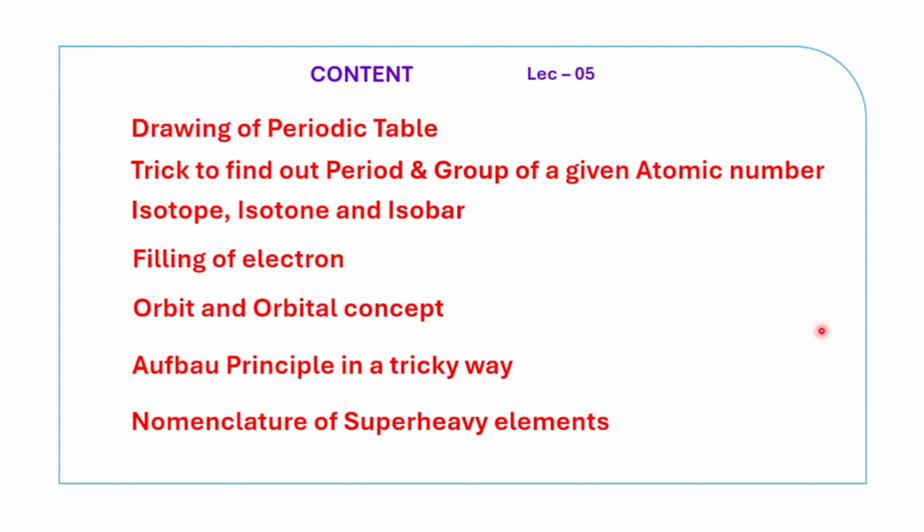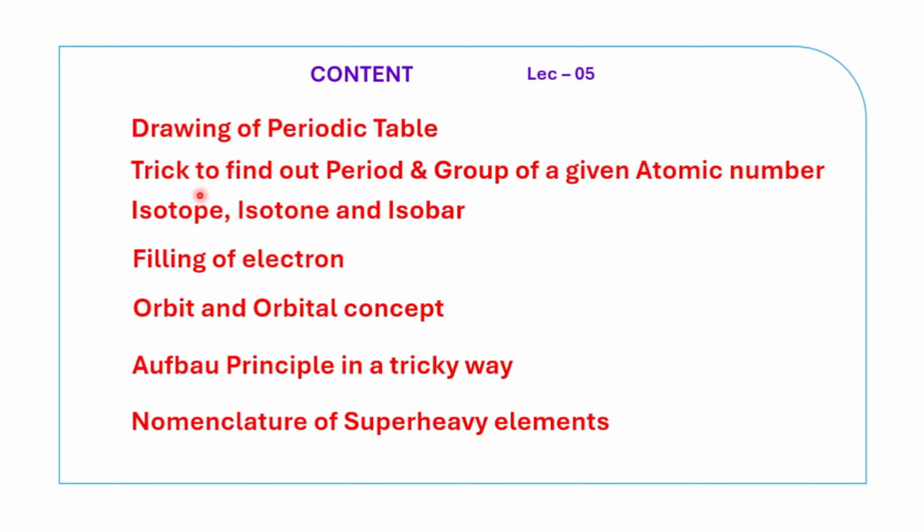In this lecture 5, which is going to be a lengthy lecture, we are going to cover a lot of things. So we will start with showing the drawing of periodic table and what are the things you need to remember that will be helpful. And then we will show the trick to find out the period and group of a given atomic number.